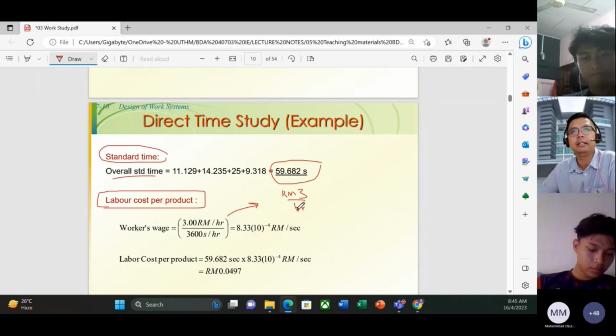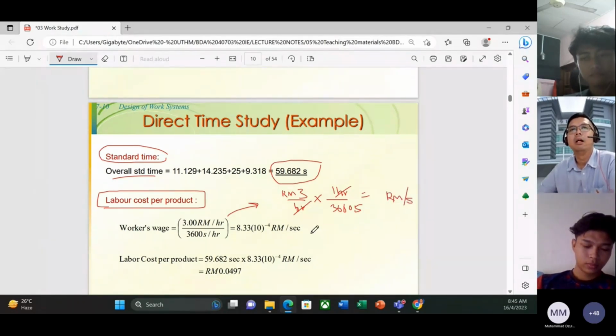We want to determine it in seconds, so times 1 hour, how many seconds? 3,600 seconds. So hour cross hour, and we only get ringgit per second. Please use the calculator: 3 ringgit divided by 3,600. We will get the worker wage in ringgit Malaysia per second, 8.33 times 10 to the power of minus 4.